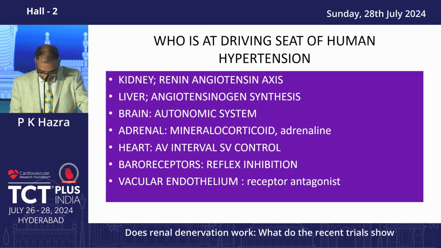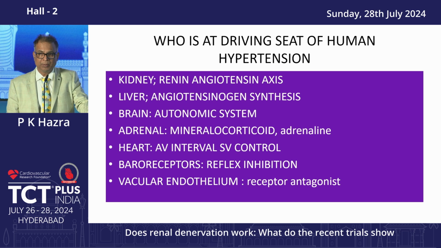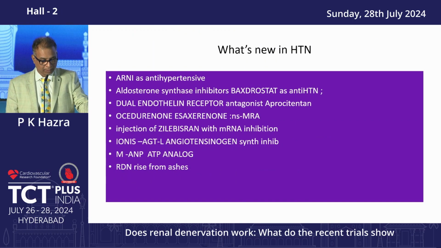The baroreceptor reflex and the vascular endothelium, and the pulmonary bed, may also be organs of hypertension. Zilebesiran is gene silencing in the liver; the basic ingredient of hypertension is angiotensin. So whatever drug you give, ACE inhibitor, ARBs, or ARNI, it inhibits the final common pathway of hypertension.